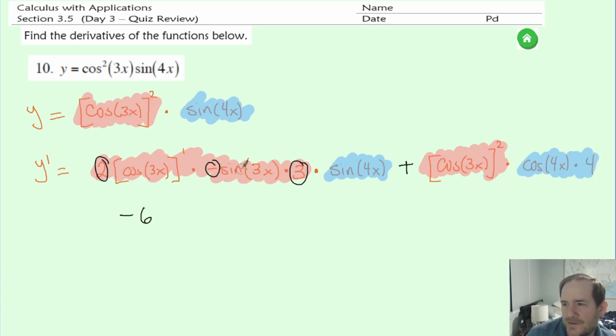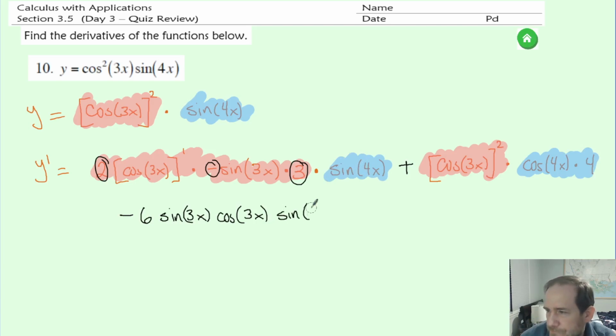And then we've got a sine 3x cosine 3x. Did I miss something? Yeah, I missed the sine of the 4x. That's all part of this, so it's a lot.